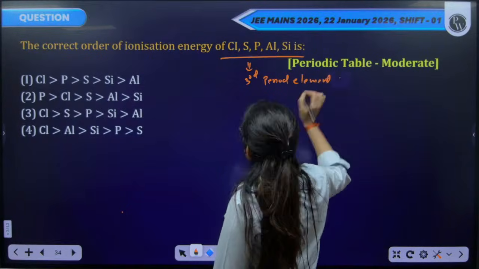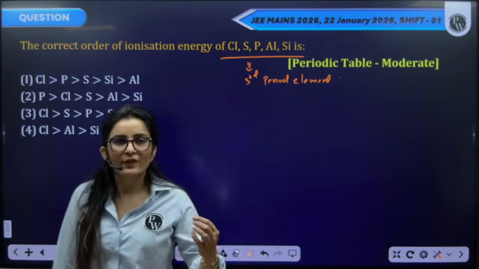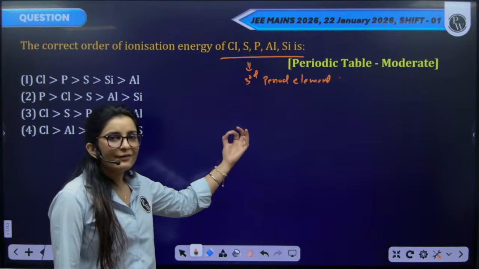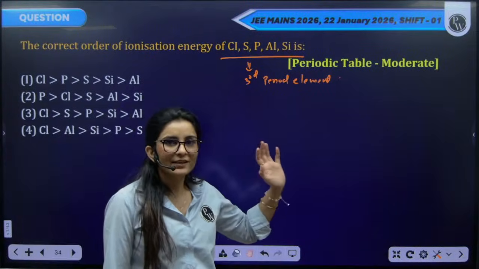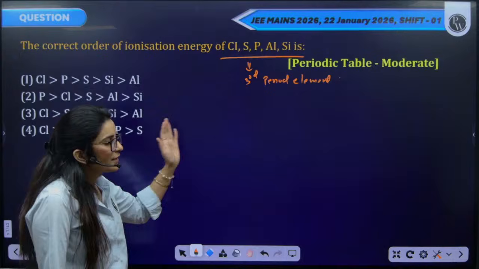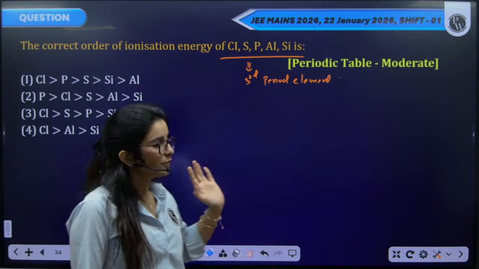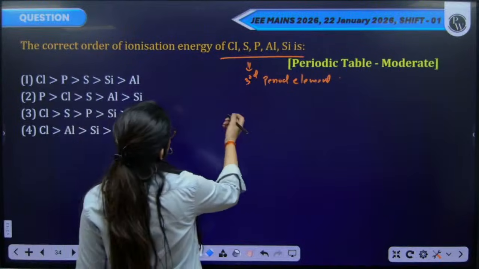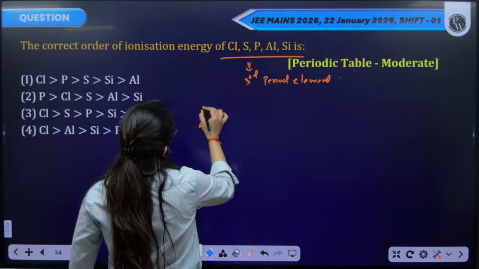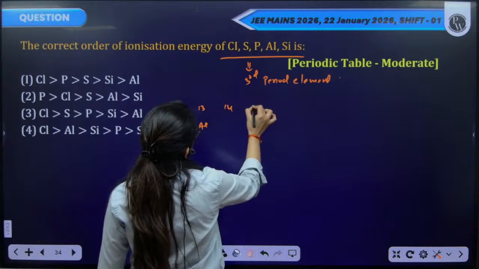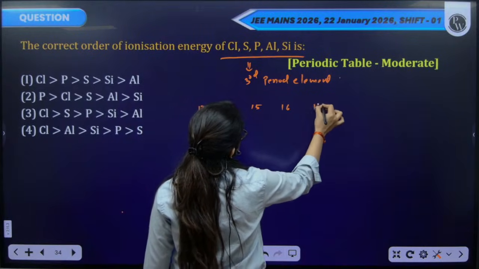Okay. So everybody knows if you move left to right in a period, then definitely the Z effective will be increasing. So the size of the atoms will keep on decreasing. Okay. So moving left to right, first aluminium will come in the 13th group, then 14th, then 15th, then 16th, then 17. Okay.